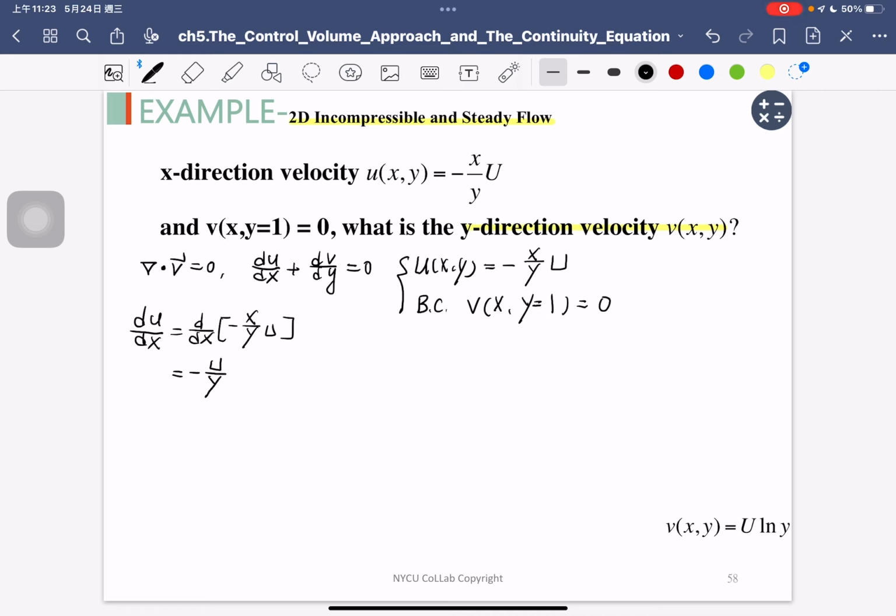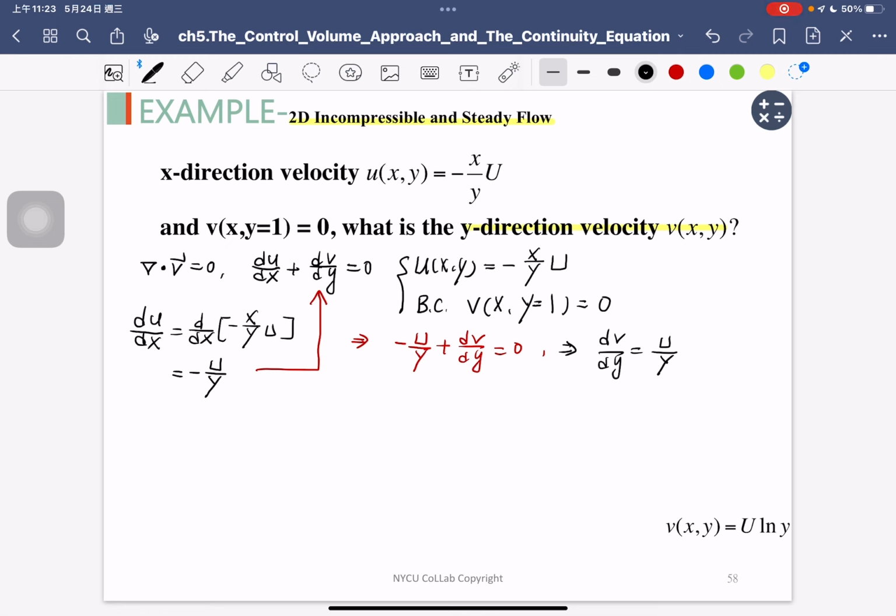Then we can put this back into the divergence equation, which can be rewritten as minus capital U over y plus dv/dy equals 0. And then we know that dv/dy equals U divided by y.